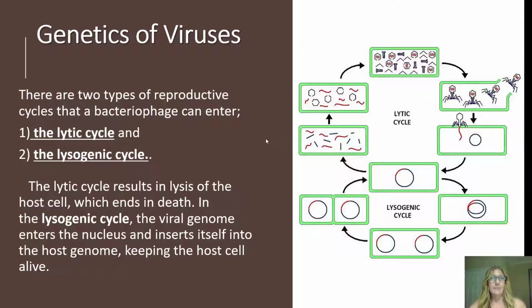One is called the lytic cycle, and the other is called the lysogenic cycle. The lytic cycle is going to result in death of the host cell, whereas in the lysogenic cycle, the viral genome will actually be incorporated into the host genome, and it will keep the host alive for some time.